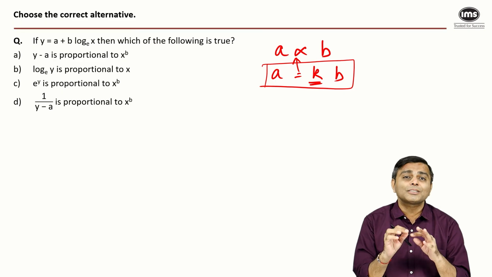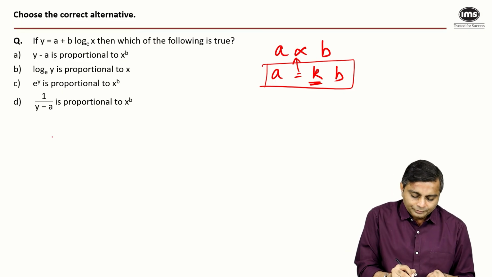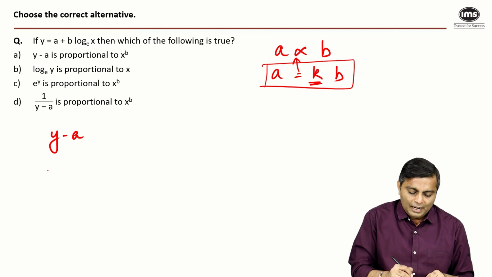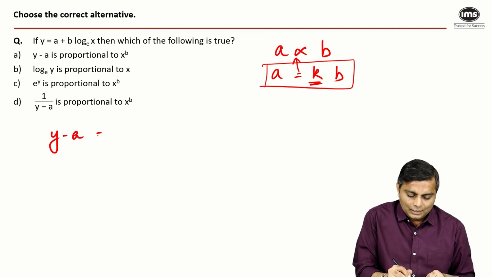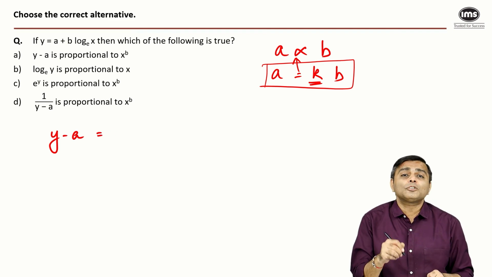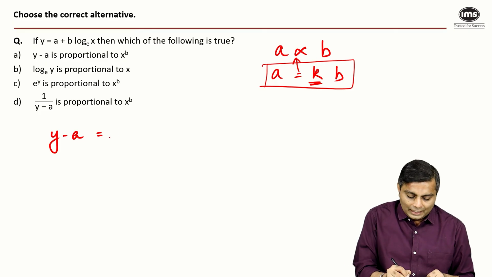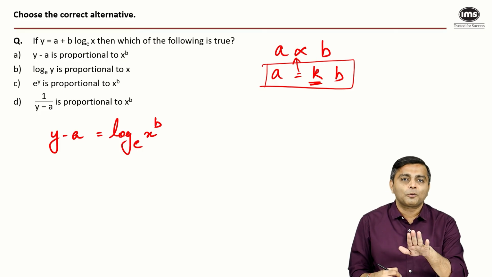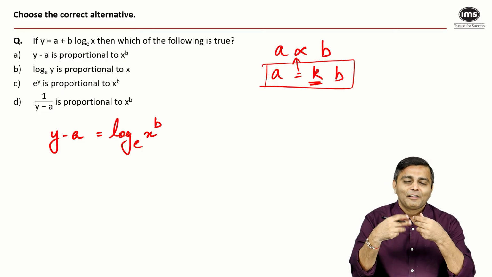That's an important understanding that you need to have. So, the first step, I'm going to bring a to the left hand side. So, y minus a is equal to b times log of x to the base e. I can write this as log of x raised to b to the base e. This is the only log property that is required. In fact, sorry, one more.